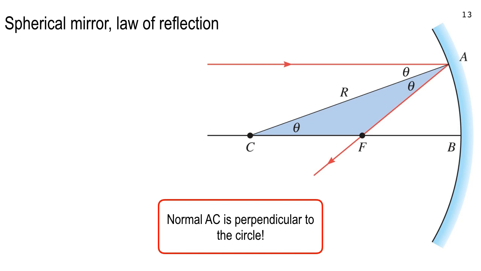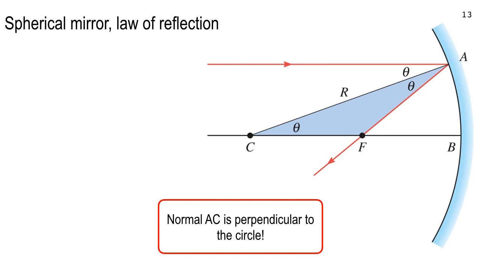Now the one ray of light in this diagram is the red one. Notice that it comes in parallel to the optic axis. Line CB is the optic axis. It hits at point A. Now line AC, because it's spherical, we're seeing a cross section of a sphere.